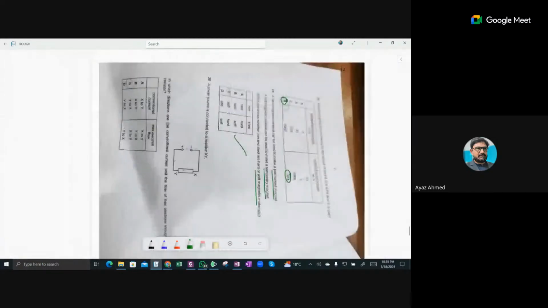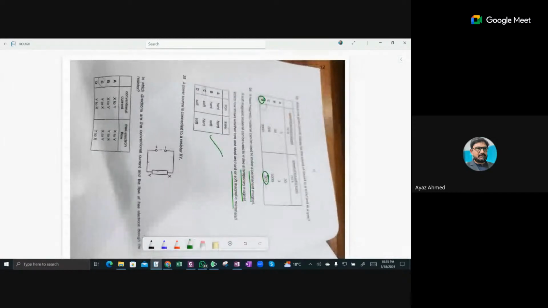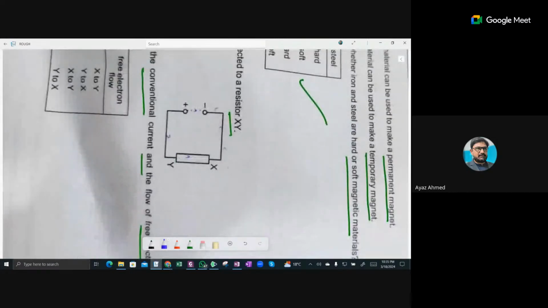Then this question number 26. A power source is connected to a resistor XY. In which direction do the conventional current and the flow of free electrons go through the circuit? Oh, this is a repeated question from your mock exam. So electrons flow from negative to positive, so they would go from x to y.